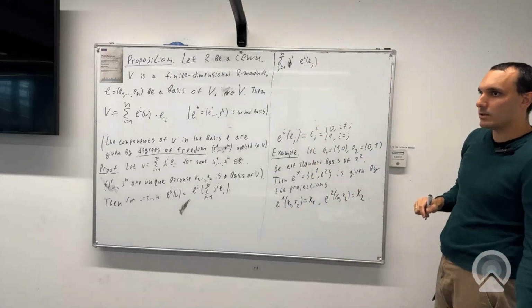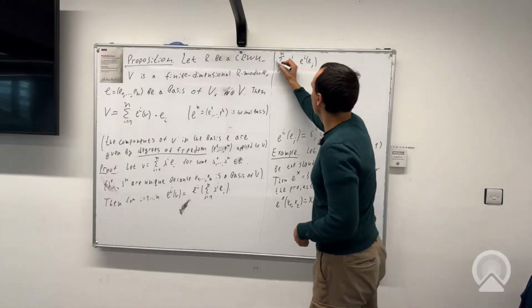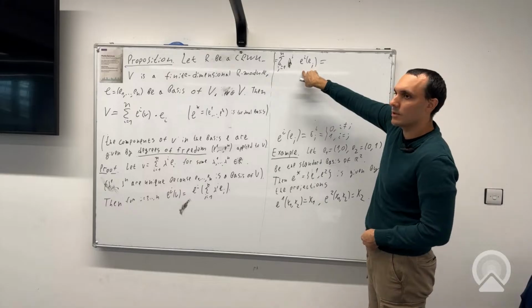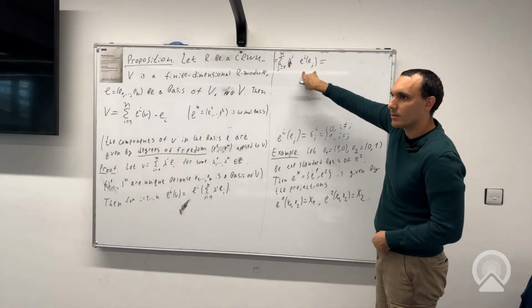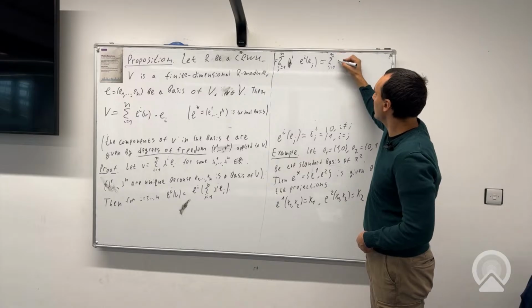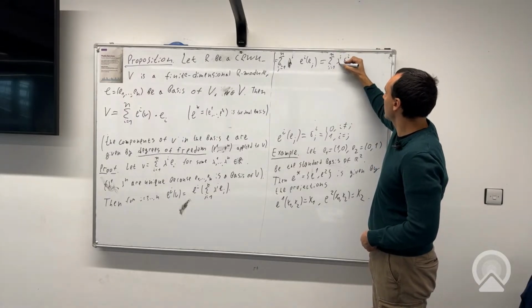Because of linearity, we have this thing here. But what's this? Delta^i_j. So this is the sum over j from 1 to n of lambda^j delta^i_j.